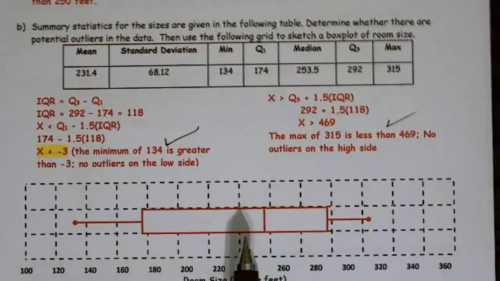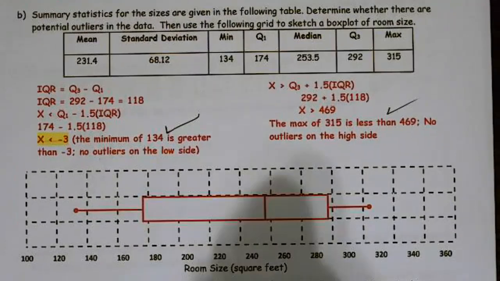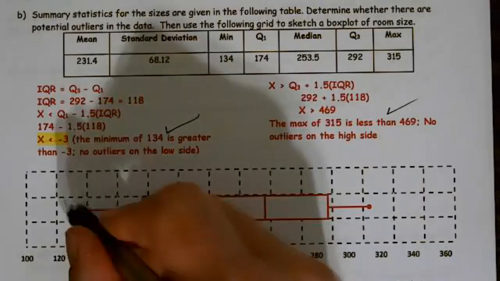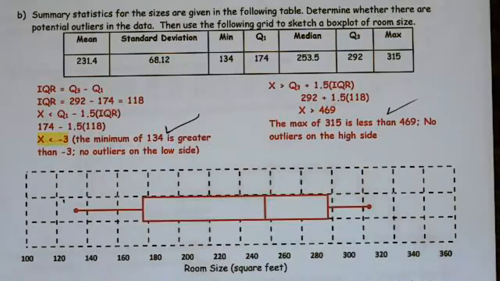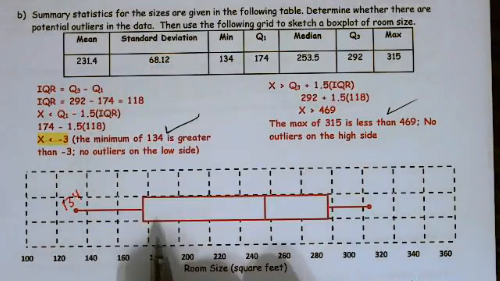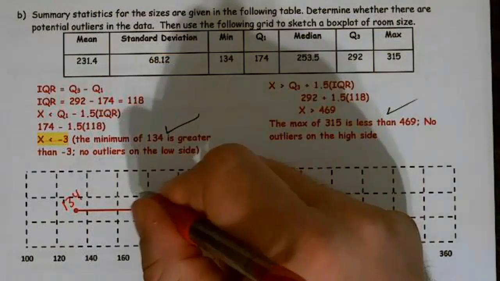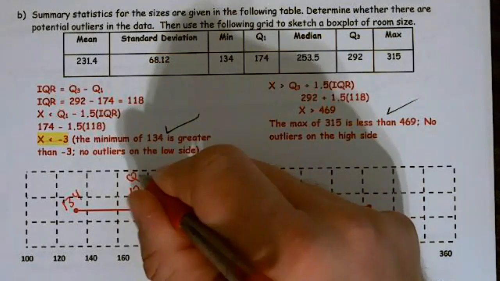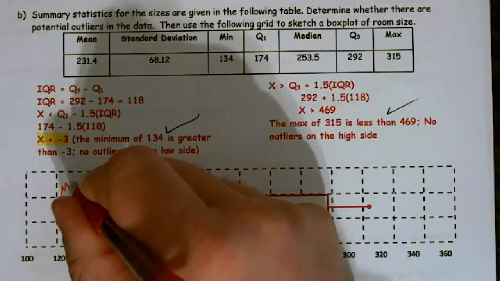That's good. All right, make sure you label it, room size in square feet. I think they did that for you. And then we're just putting down our minimum value, which is exactly 134. Then we have Q1 at 174. This is Q1. This is my min.